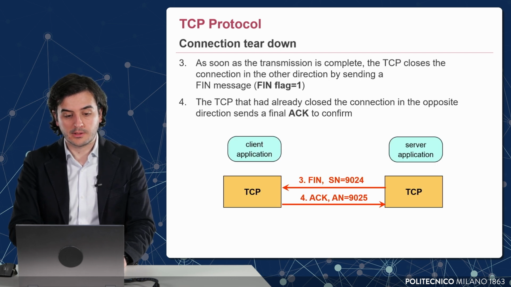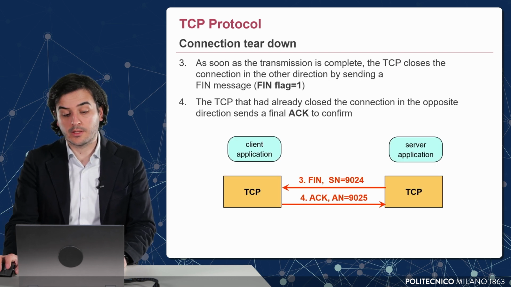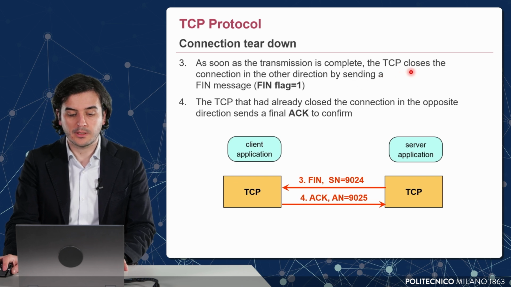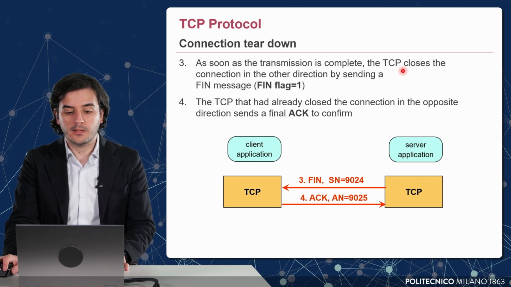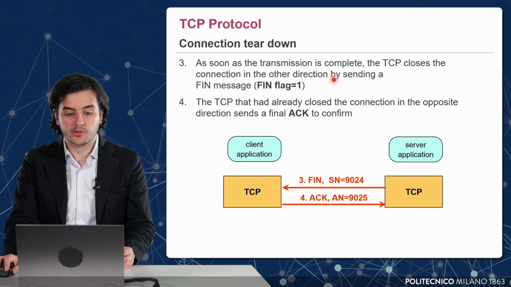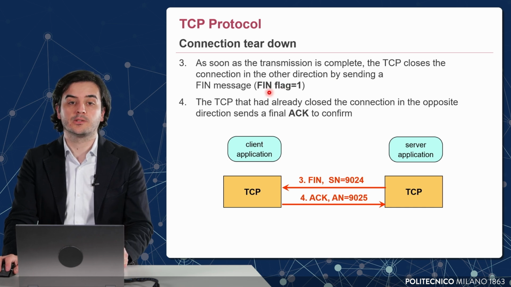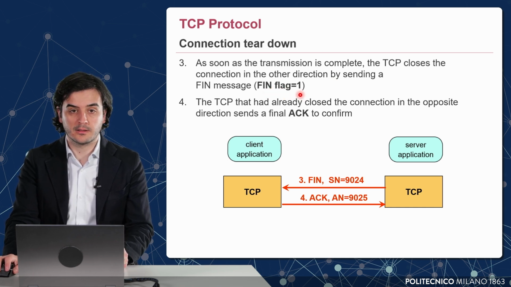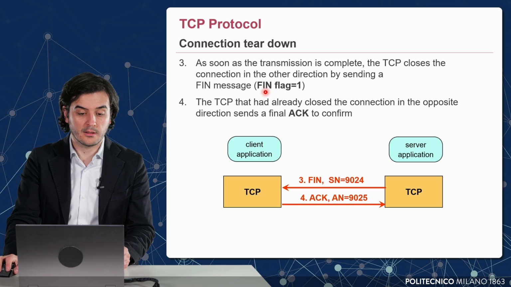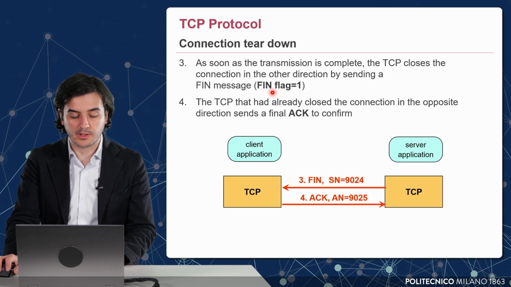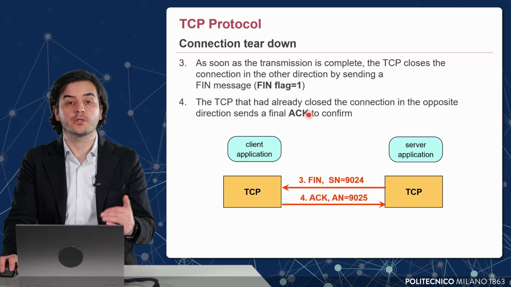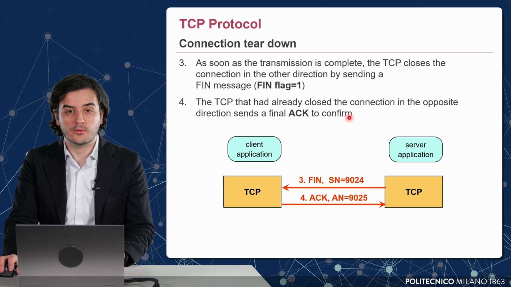As soon as the transmission is completed, the TCP will close the connection by sending another message which has the flag set to 1, the flag which identifies closing of the connection. And the TCP that initially asked for closing the connection will send an acknowledgement.